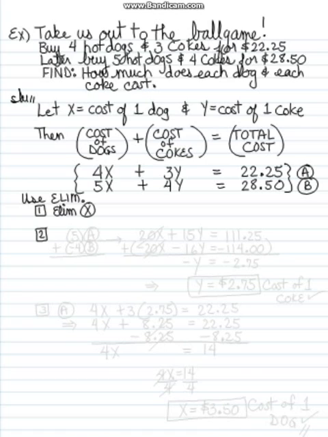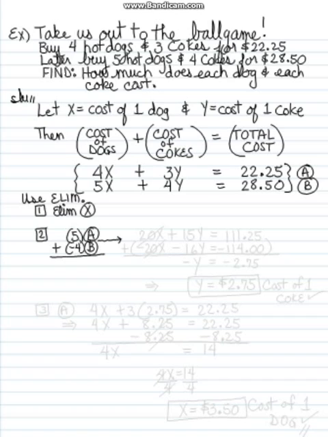So let's see. If I multiply equation A by 5, and I add that to -4 times equation B, what's going to happen to my x's? 5 times the 4x makes 20x, and then -4 times the 5x makes -20x. So when I add them together, the x's will disappear just as I wanted.